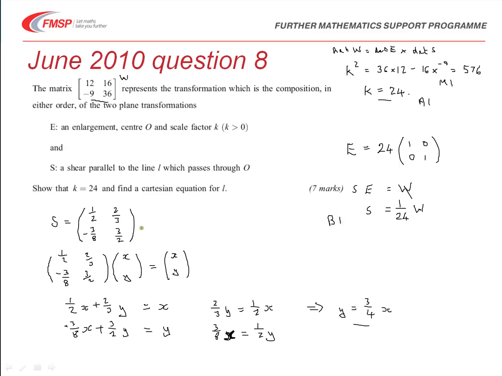And then from there, your method for finding the set of invariant points, you get 1 mark for that statement and an accuracy mark for obtaining the correct expressions here, and then a method mark for working through to the final statement of the correct Cartesian equation for L.